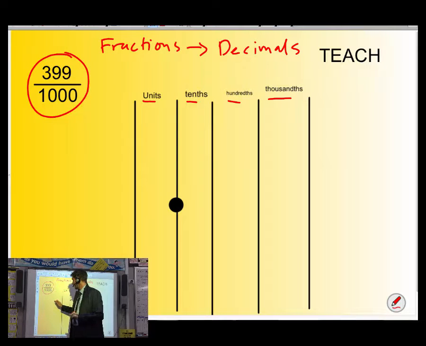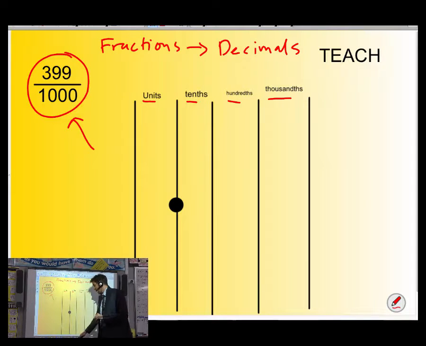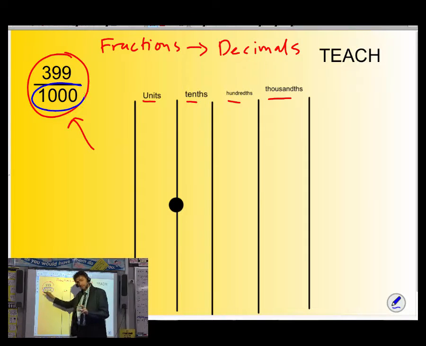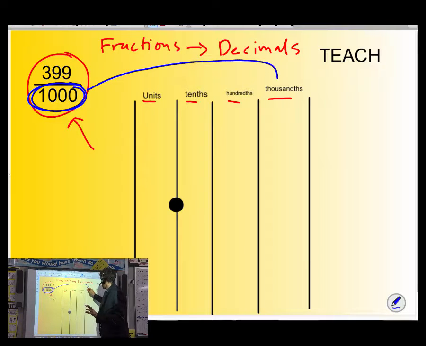Over here, we've got our fraction, 399 over 1,000. Because it's out of 1,000, when we convert into a decimal, we know we should start in the thousandths column.